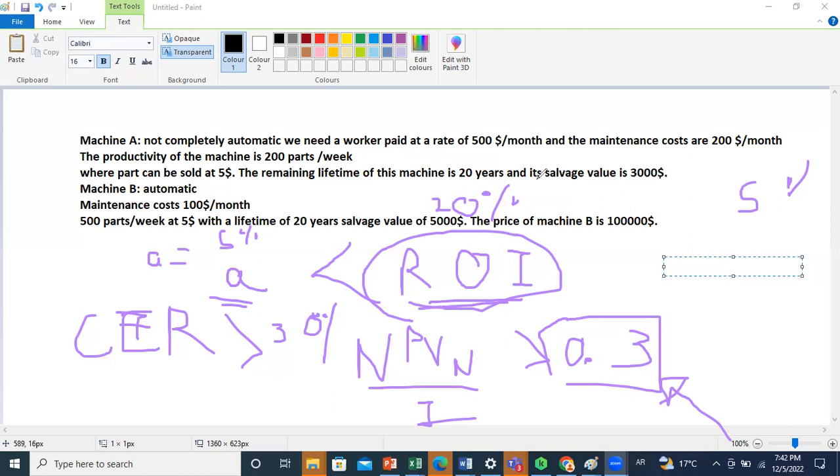You will sell it because its value now is much larger, not only because of time, but because of the productivity. It's still productive, so you can sell it at a much larger price than its salvage value. So we should give you this, okay? And if we don't give it, then you can assume that you should keep it, you cannot sell it, and you will not include its price in the analysis.